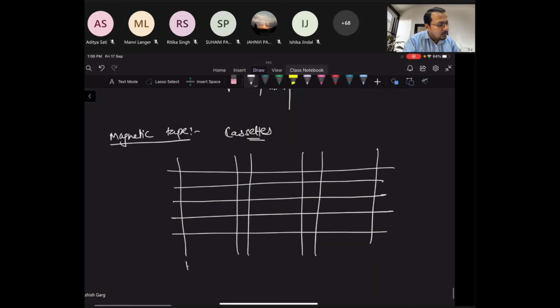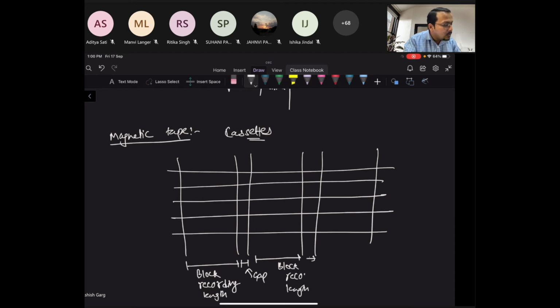So this thing is called block recording length, and this thing is called gap. Again, this is block recording length, and then again this is gap. So this is how the tape goes on.